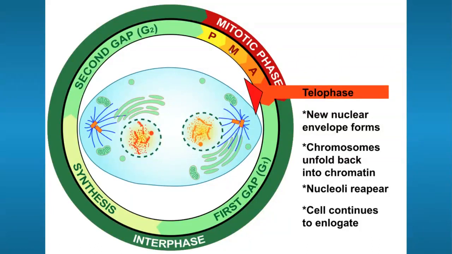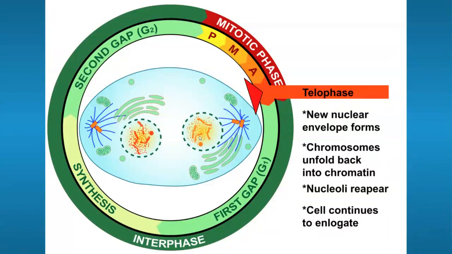Now everything happens opposite of prophase. In prophase, we saw the chromatin fold and condense into chromosomes. Now we see chromosomes unfold back into chromatin. In prophase, we saw the nuclear envelope dissolve. So in telophase, we're seeing the nuclear envelope reforming, and we have two of them now.